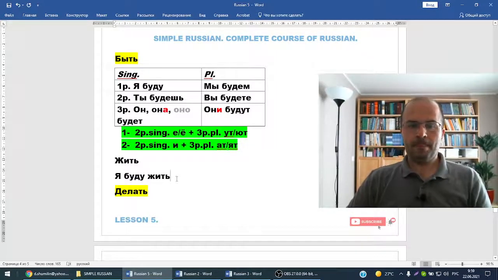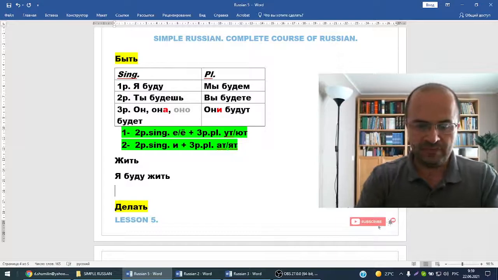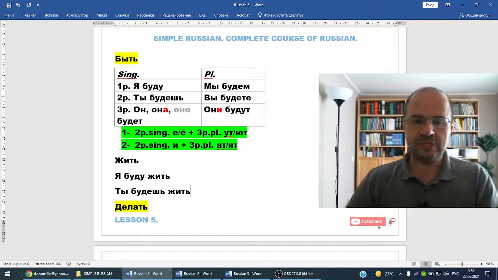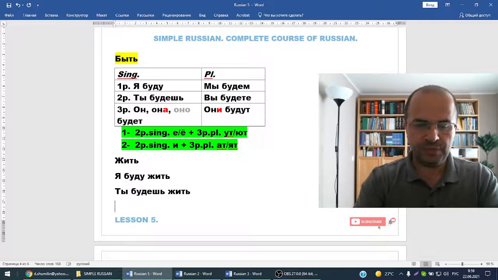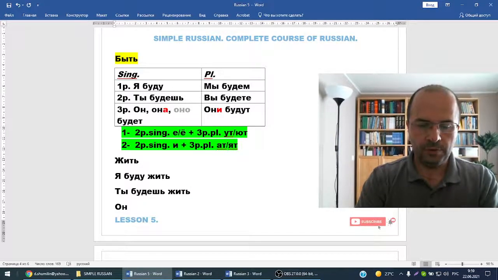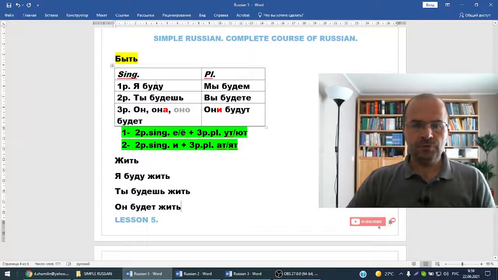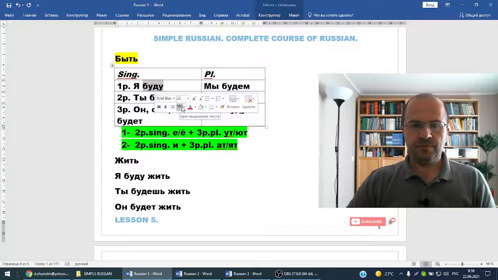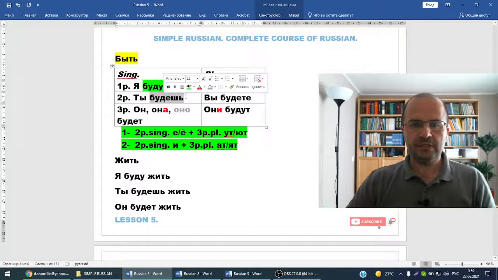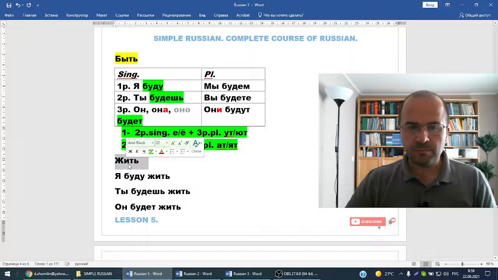Okay? How do you say you will live? Ты будешь жить. That's right. How do you say he will live? Он будет жить, right? So you just take these verbs according to the person and number that you need, and then you add the infinitive form of the main verb.